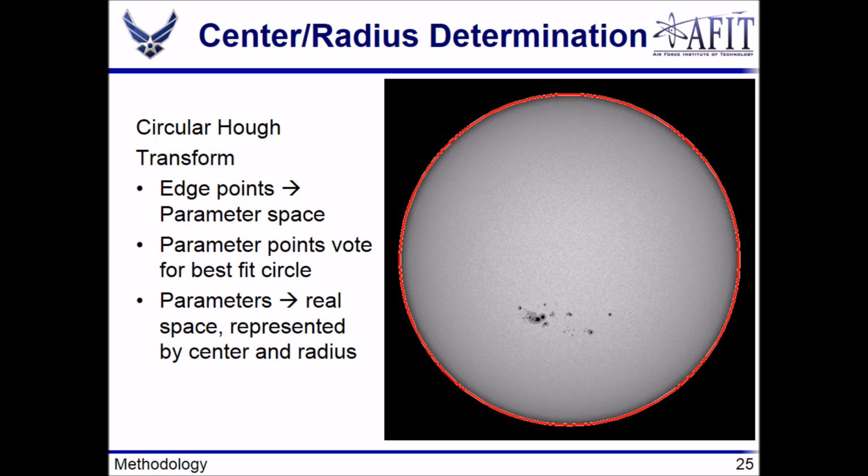Each of the points that you transform into this new space votes for the best representation of the circle that makes up the edge. And then after you have the best fit circle, you transform that back into real space, and you can end up with sub-pixel accuracy for the center and the radius of the circle that you just found. So very good method.